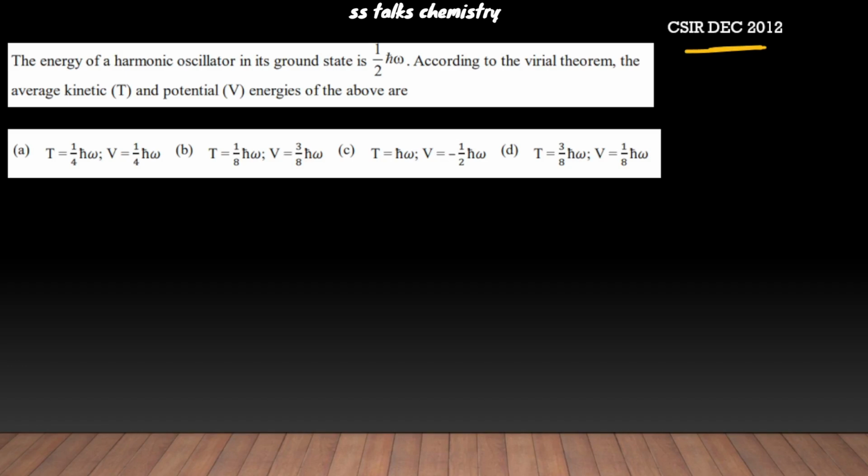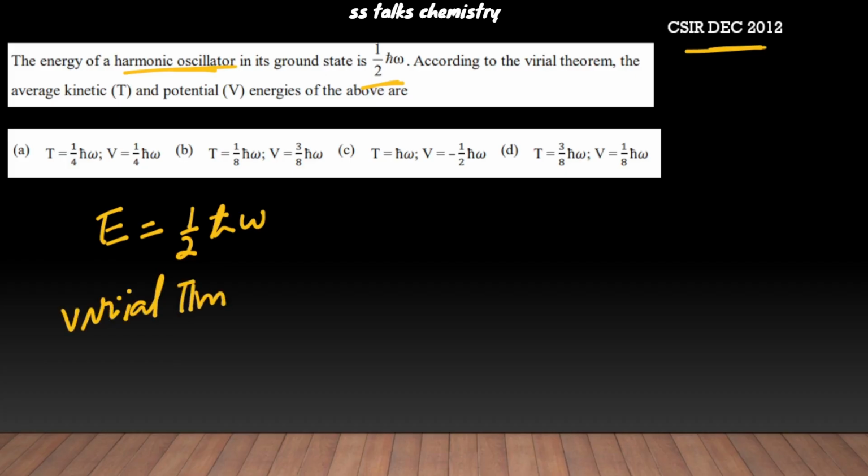It says the energy of the harmonic oscillator, SHO again, is half of ħω. According to the virial theorem, the average kinetic energy and the potential energy is... So the energy value is half of ħω. According to the virial theorem, twice of the kinetic energy is B times the potential energy, where B is the power of the position. Now I have to find the B value.